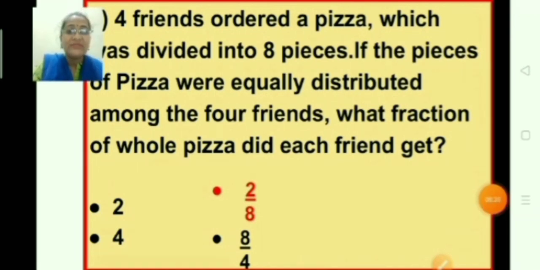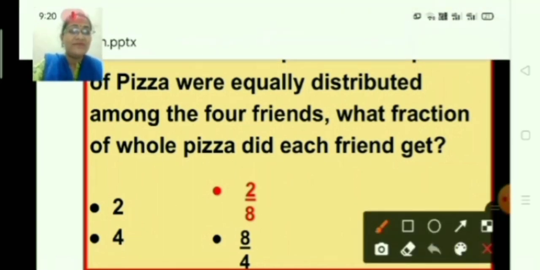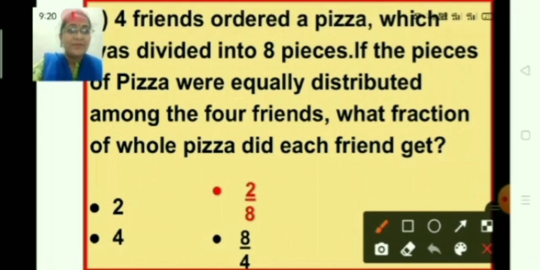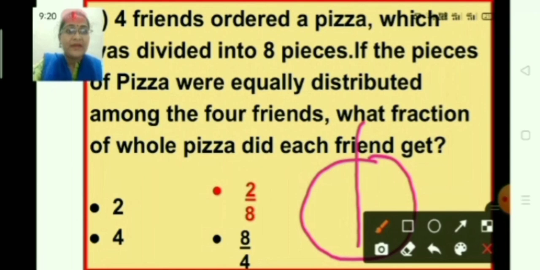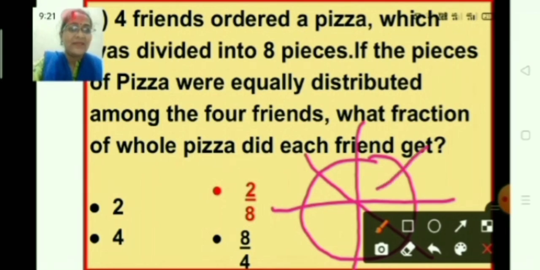To solve this MCQ, let us draw a pizza, then we will understand this MCQ sum very clearly. Here is the pizza. Now this pizza you need to divide into 8 parts. This is 2 parts. Now I am dividing into 4 parts, 6 parts, and this is 8 parts. Here I divided the pizza into 8 equal parts.